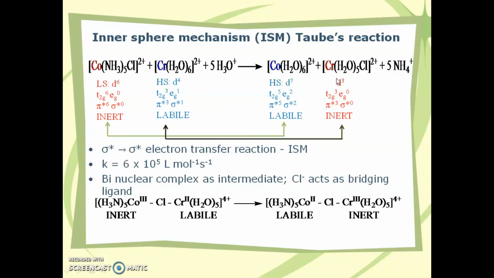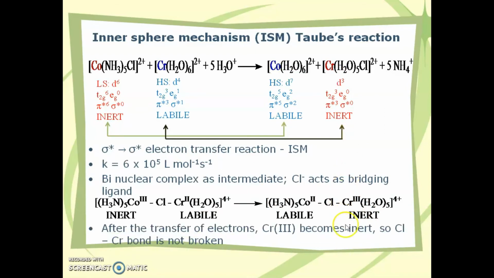When it is breaking into two different complexes in the product formation, since Cr3 plus becomes inert, the chlorine Cr bond, that is the Cl Cr3 plus bond that is formed, is with the inert Cr3 plus. So this Cr bond is not broken.